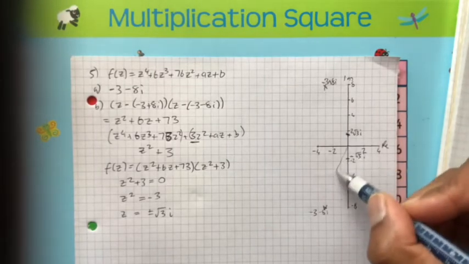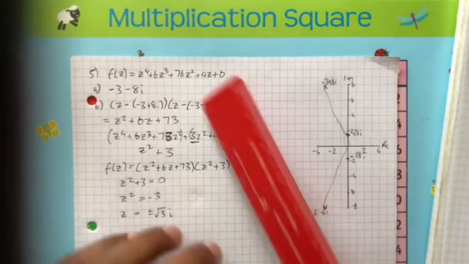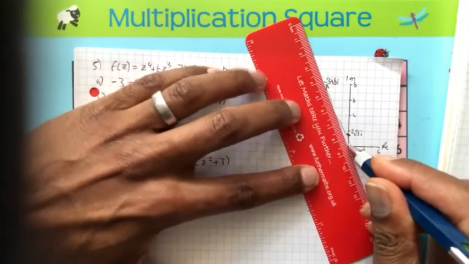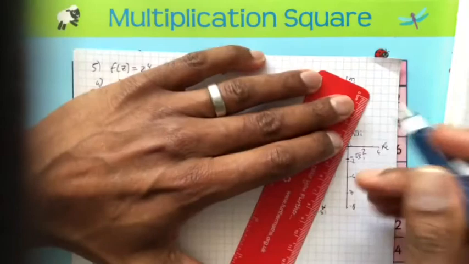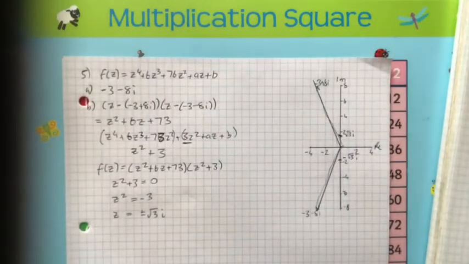Okay, and then I just draw roughly lines in between. Actually, let's use a ruler and make it a bit neater. Okay, so those are our solutions to that question.